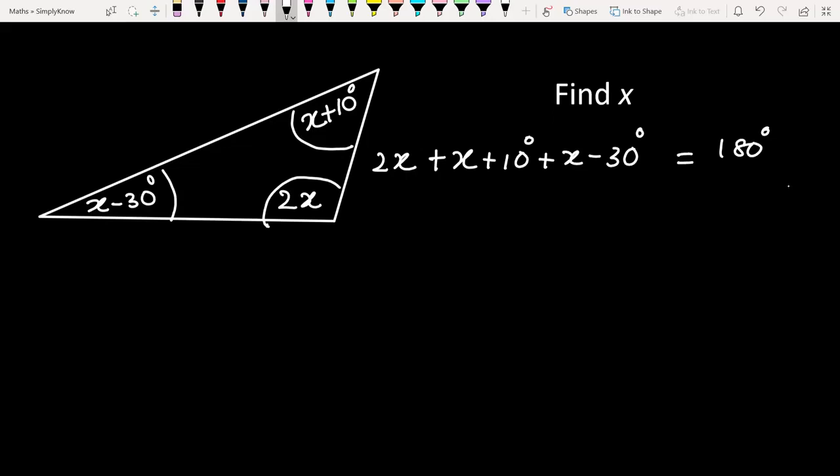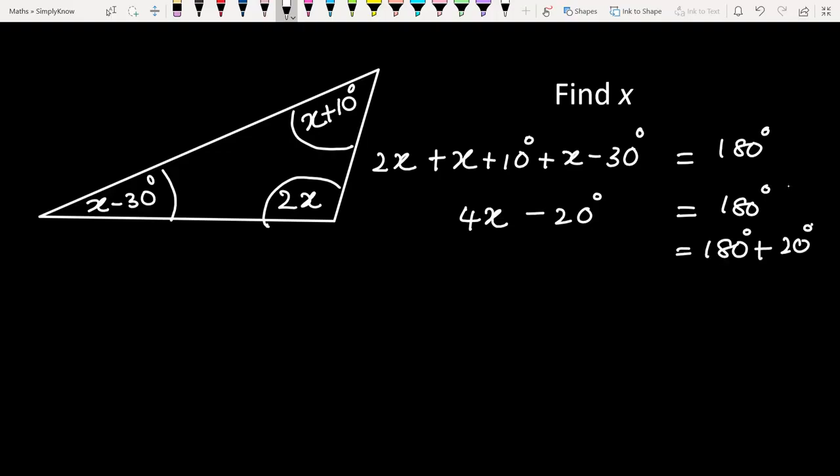Now let's simplify the like terms. 2x plus x, which is 3x. Then 3x plus x is 4x. Then plus 10 and minus 30 is minus 20 degrees equal to 180 degrees. So let's send this minus 20 degrees to the other side.